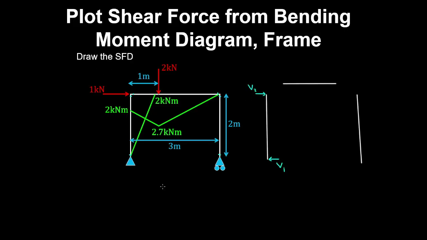And I'll remind you of the sign convention that we use for the column. And from the bending moment diagram, we have tension on the inside of the column, so that's where we draw the tail. And the bending moment in the column is equal to 2 kilonewton meters near that joint.